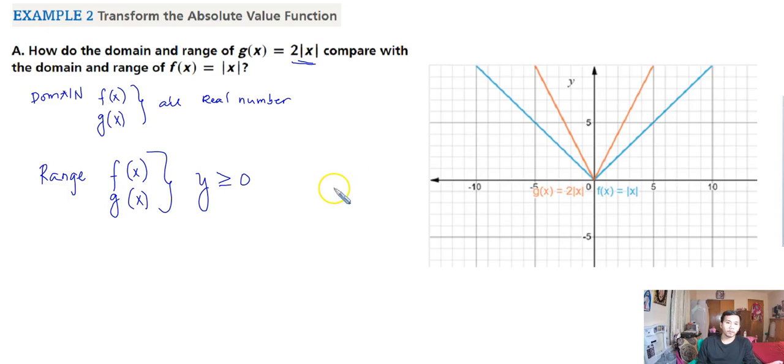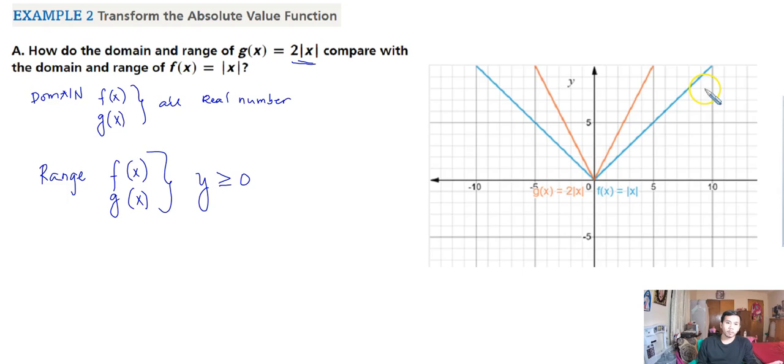So if you're going to analyze based on the graph, we have your origin as your starting point. So there are no values that went down to the negative portion of the graph.